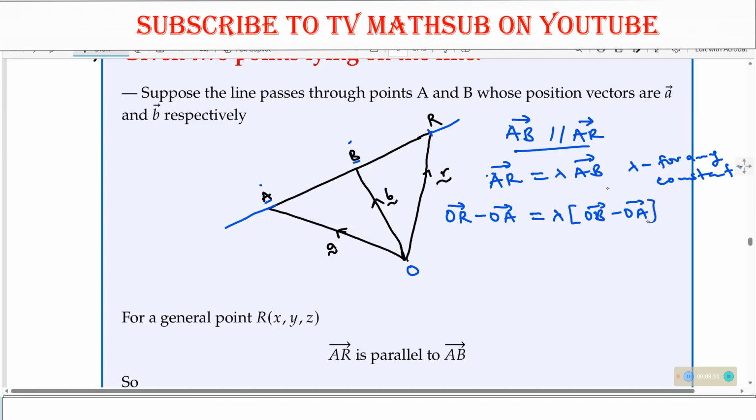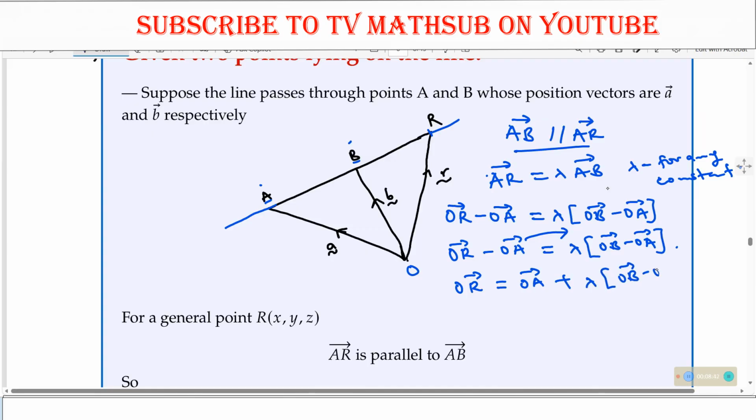So I have OR minus OA, which is equal to lambda into OB minus OA. That is the same statement. I want us to bring this one to the other side, such that I have OR equal to vector OA plus lambda into OB minus OA.